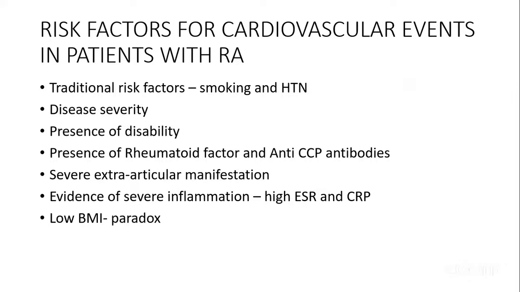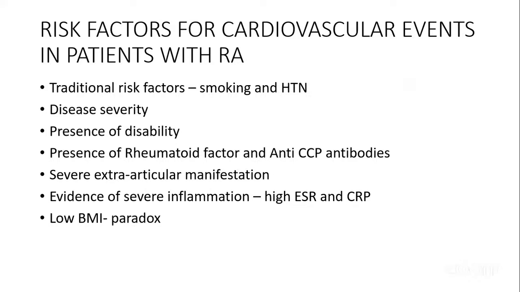So now, what are the factors that increase the development of cardiovascular events in patients with rheumatoid arthritis? Number one, the traditional risk factors. Studies have shown that the traditional risk factors we're talking about, the age, obesity, sedentary lifestyle, inappropriate diet, smoking and hypertension are also found in them, and are even commoner in them.